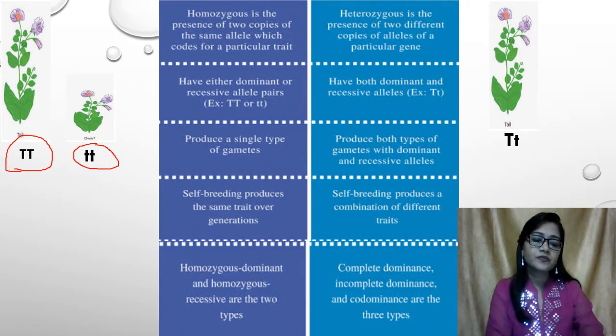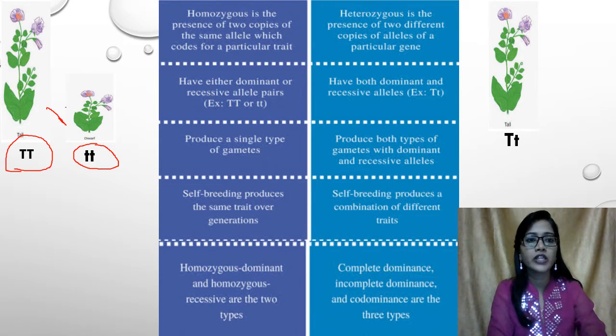Now, when we cross these two homozygous plants, the capital T tall plant with the small t dwarf plant, these two pure lines, then we will get this type of heterozygous plant.